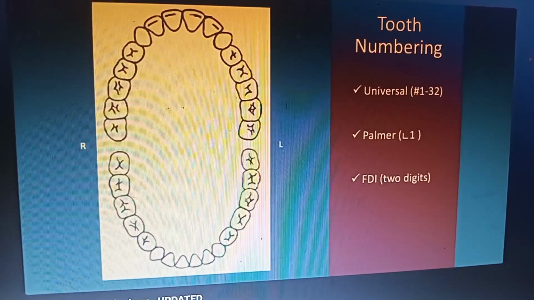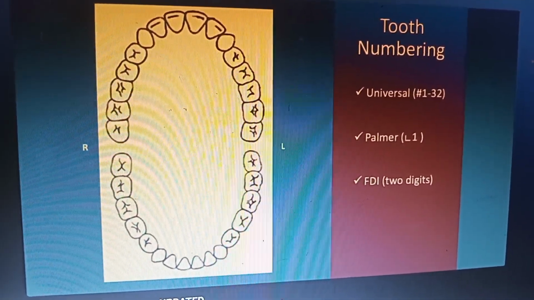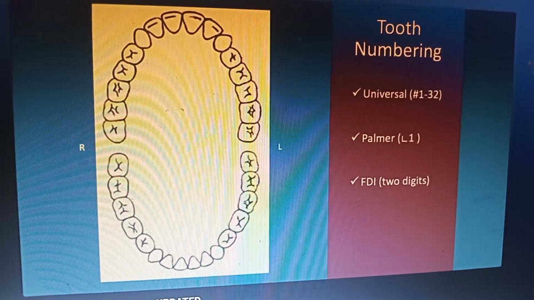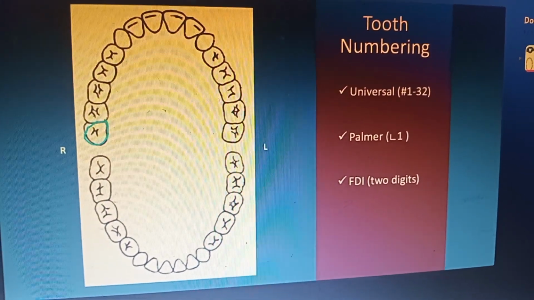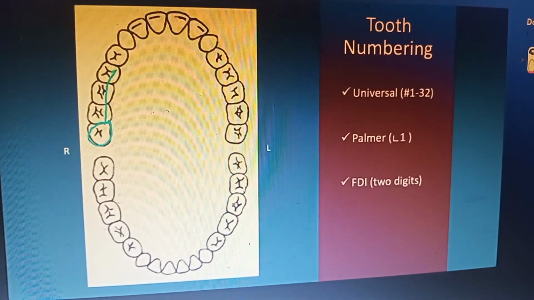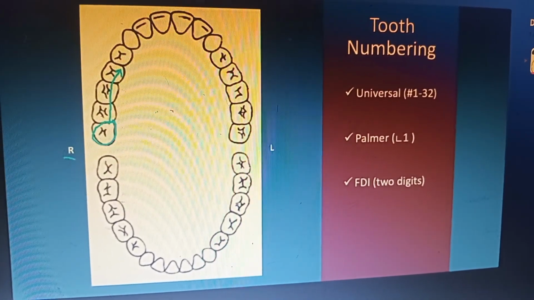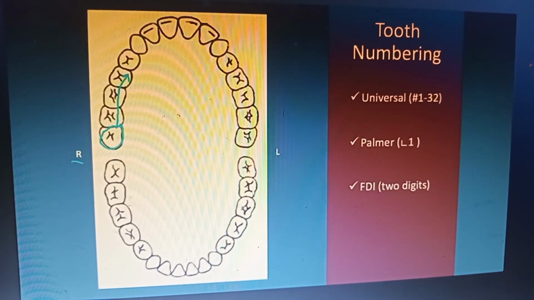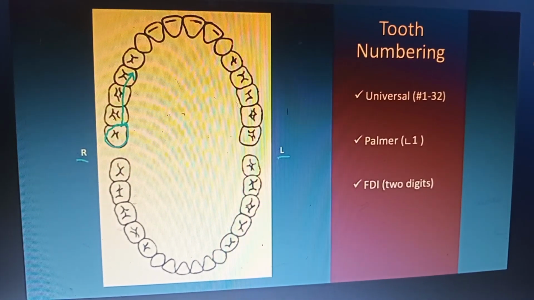Well, let's start with the universal system first. And it's just like reading a book. You start in the top left corner, which is this tooth right here. And then you go from left to right. So I want to point out really quick that this side is the patient's right side and this is their left side. Because remember, we're looking at the patient straight on.